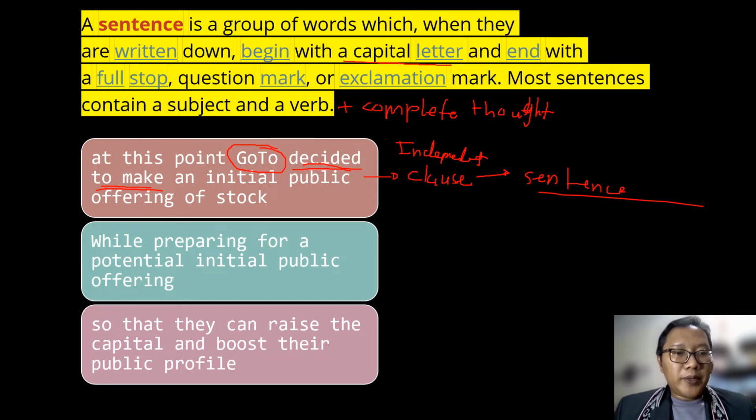While preparing for a potential initial public offering. We can see here there is no subject or verb. What about preparing? Is it a verb? If it is a verb, we don't have a subject actually. However, preparing here is not a verb. It's a gerund. So after the preposition while, we only have the noun phrase here.